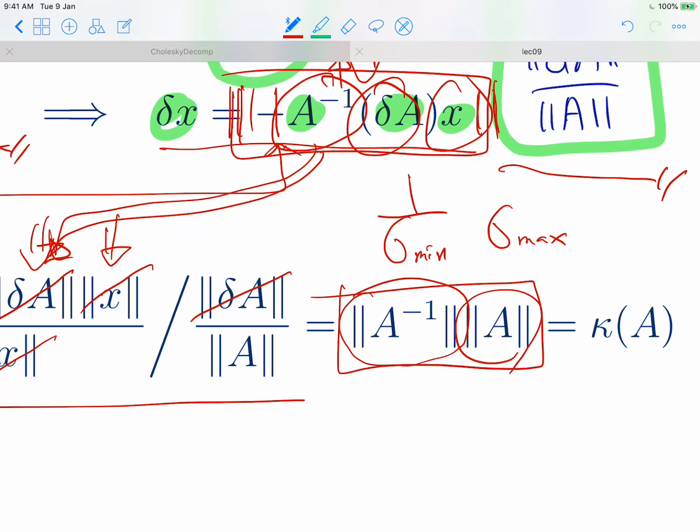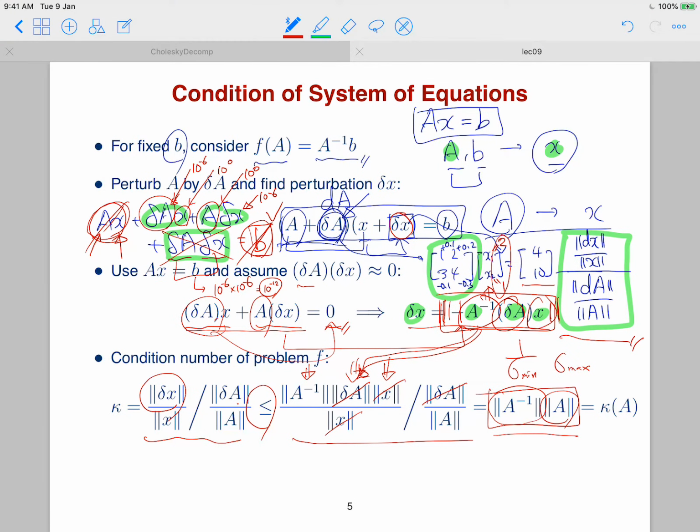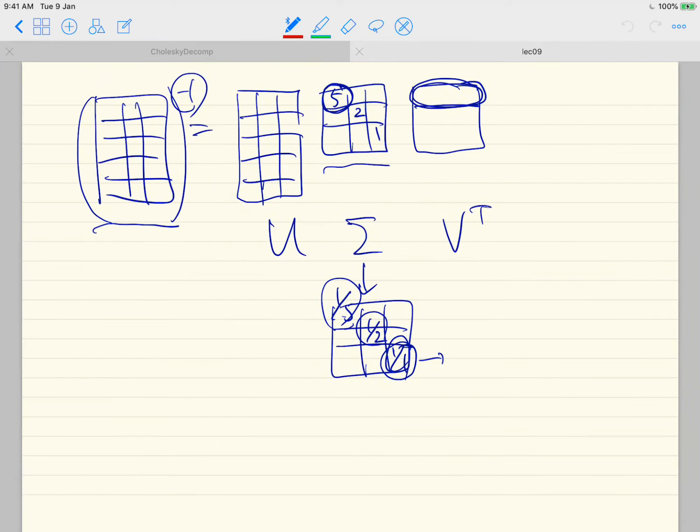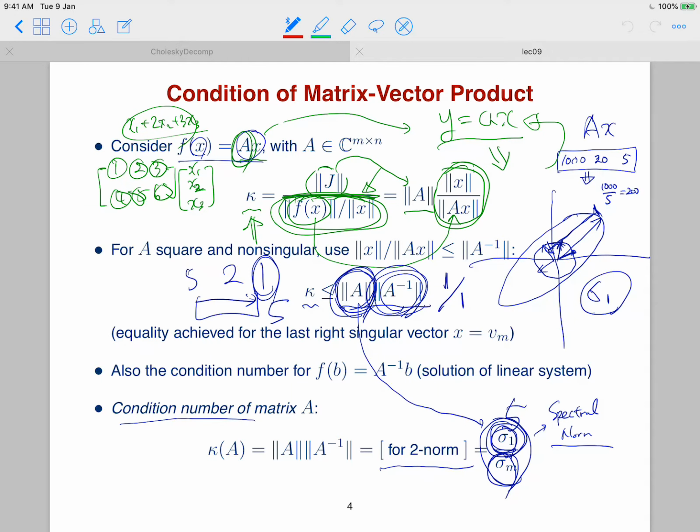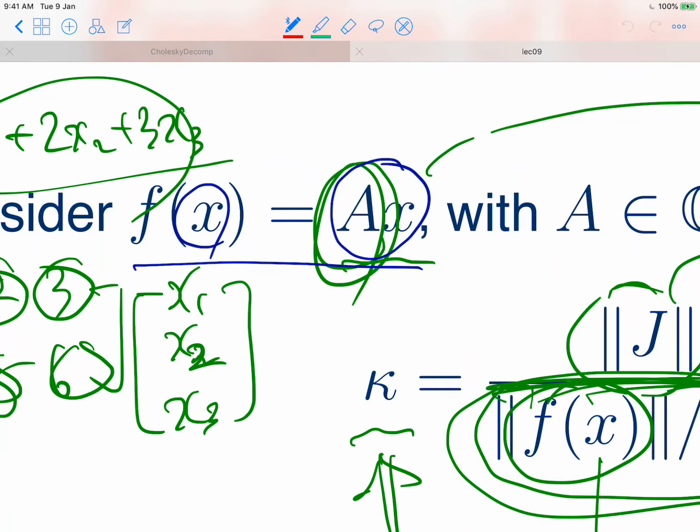Thus it still ends up with the ratio between the largest and the smallest singular values. So the conclusion is really the same between this particular example and the previous example, which was much simpler, like just a simple matrix, the given input vector and their product.